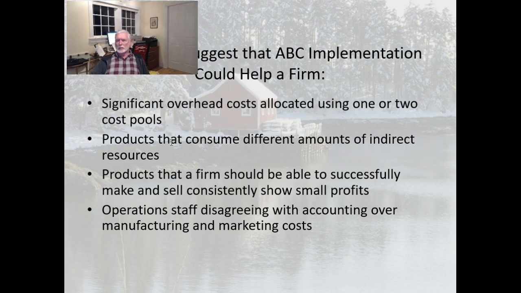You've got products that you should be able to successfully make and sell. Everything tells you you're doing things right, you're doing best practices, but you can't make any money selling them. Well, maybe you are making money, you just don't know you're making money. And maybe this product is miscosted.